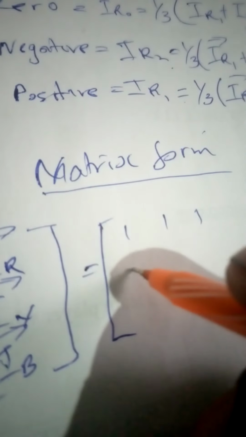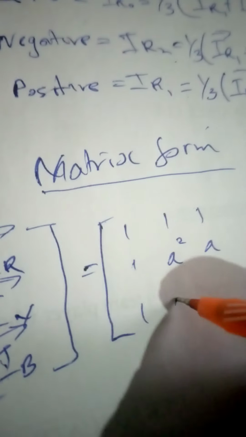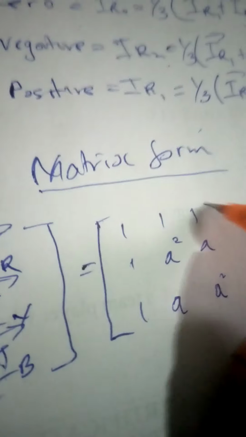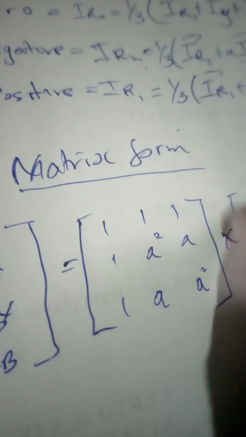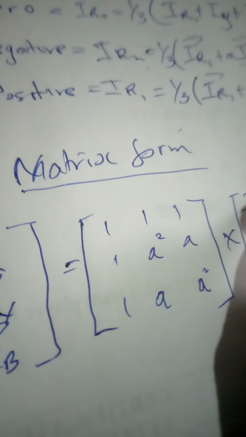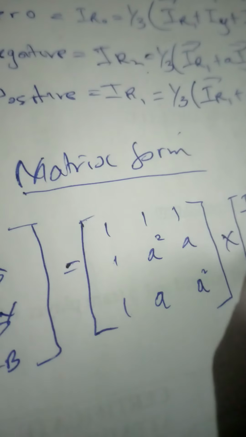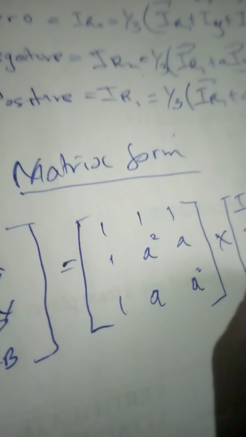In a matrix, you have 1 1 1 1 1 A squared A. Remember, A is 120. A is 120. A squared is 240. Multiply by our sequence I0, IR1 and IR2.